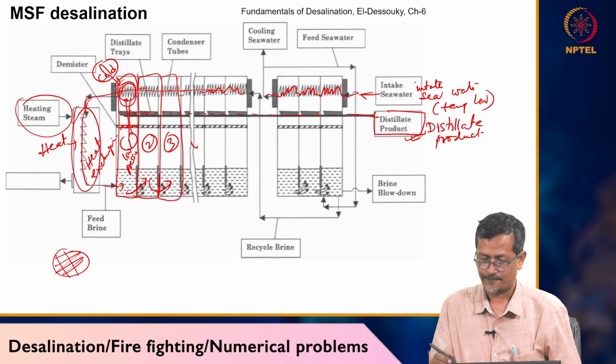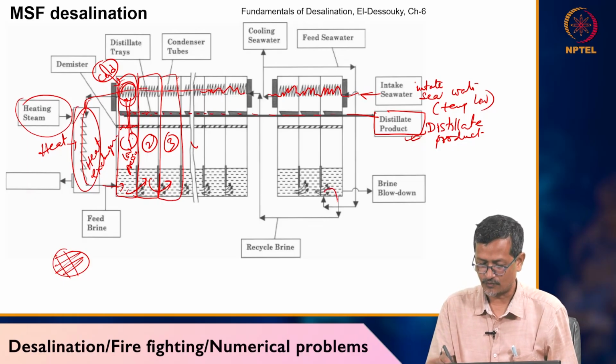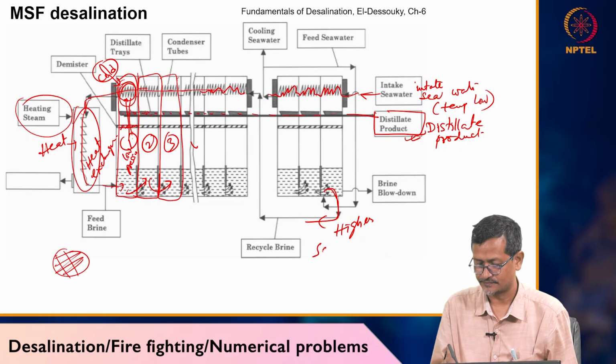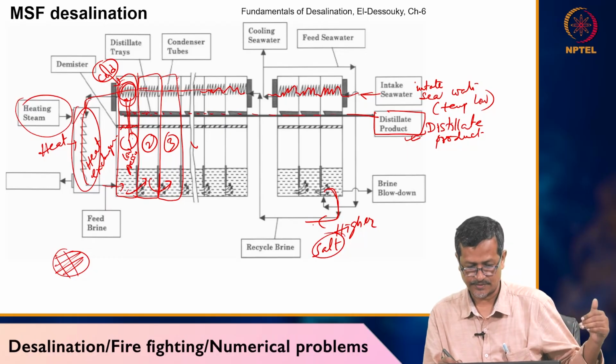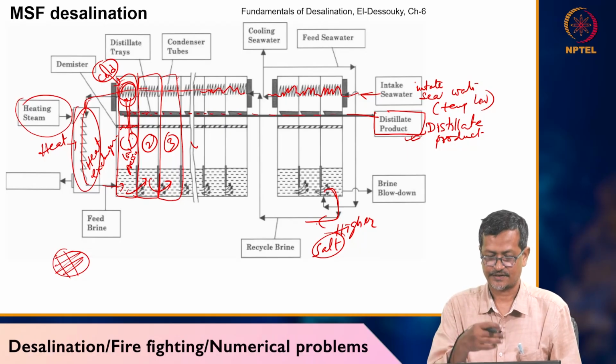Finally, in the last stage, the water will have higher brine, higher salt. That salt, again you can put into your system, again recycle the whole water. If the salt content is very high, you can reject this, and you can take fresh water from the sea and again recycle the whole system.